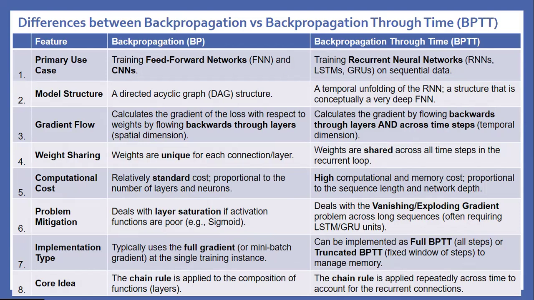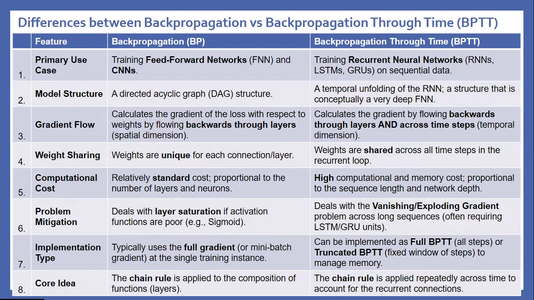Problem mitigation: backpropagation deals with layer saturation if activation functions are poor, such as sigmoid. Backpropagation through time deals with vanishing and exploding gradient problems across long sequences, often requiring LSTM or GRU units. Implementation type: backpropagation typically uses full gradient or mini-batch gradient at a single training instance.